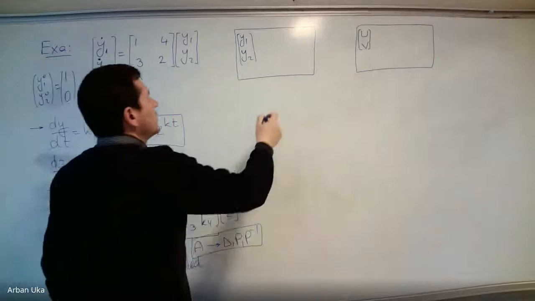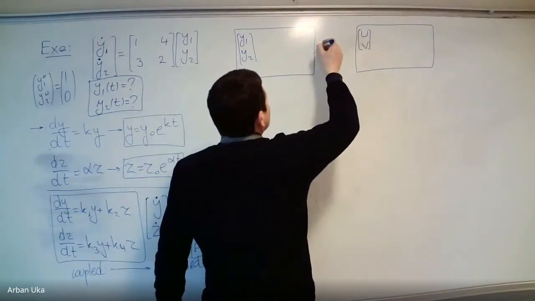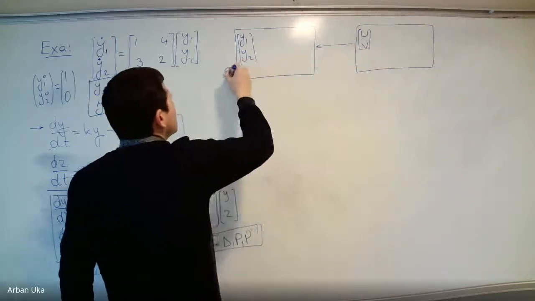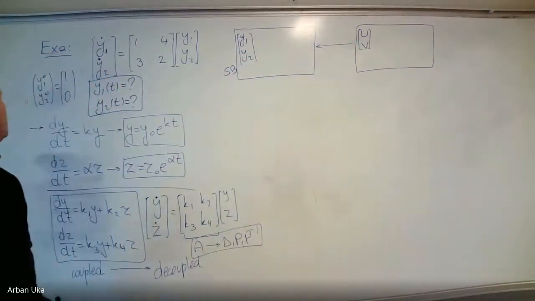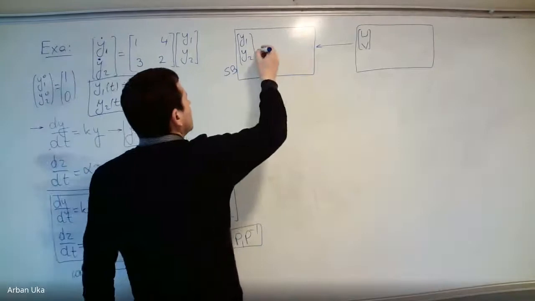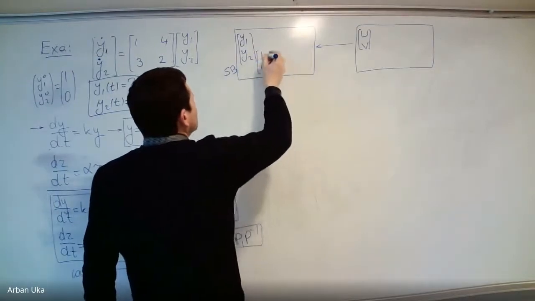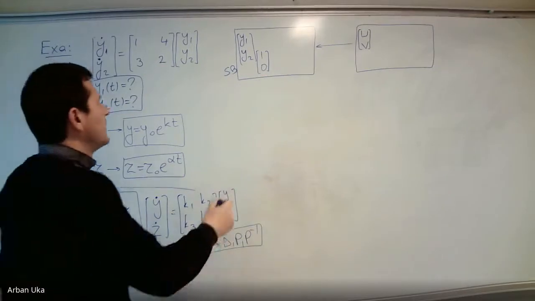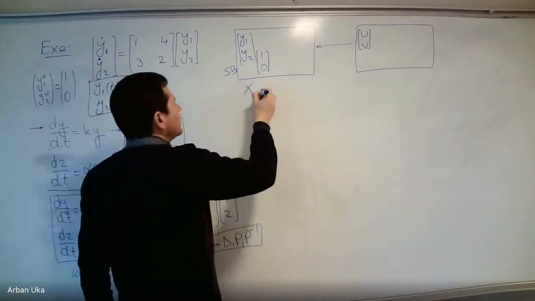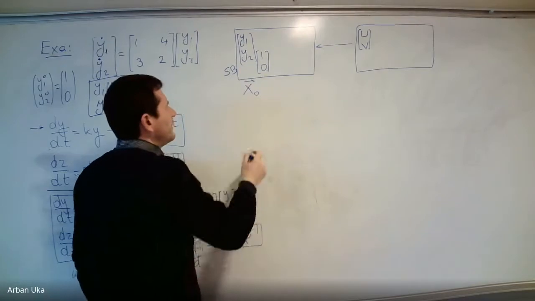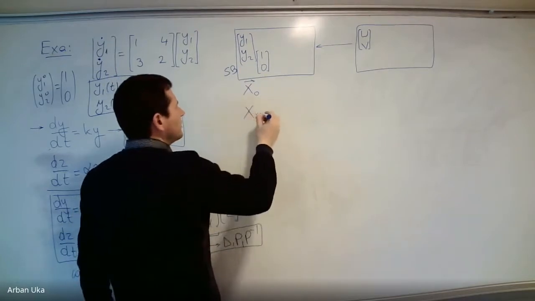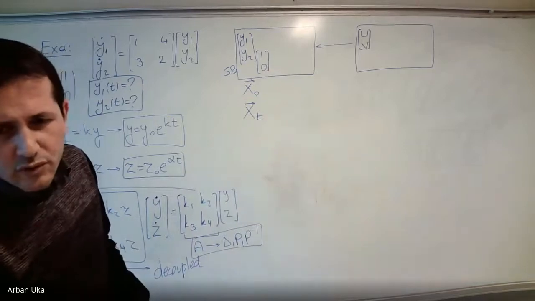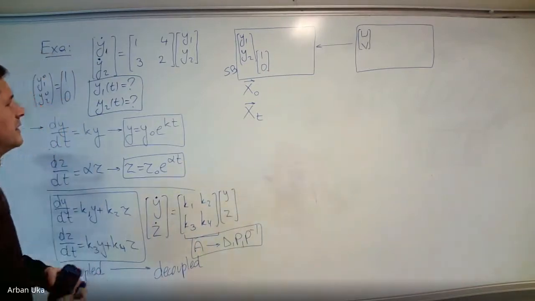We should be able to determine a matrix P, which can bring us to the standard basis. We also have the initial condition 1, 0. We start here with 1, 0. We have x0, a vector, and we need to find xt, each composed of two variables.